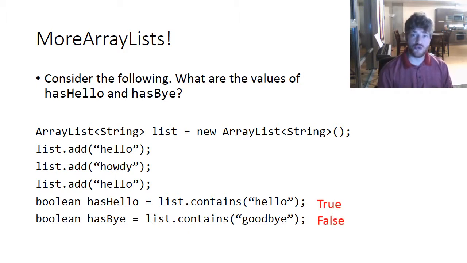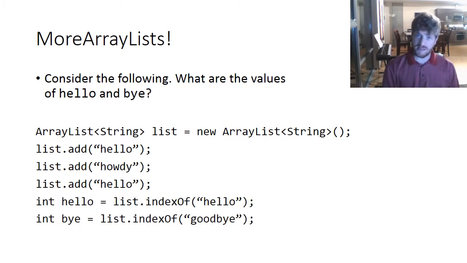Hopefully you got true and false. The first one is true because hello is in the list, and .contains returns true if the item is in the list. And the second one is false because goodbye is not in the list.